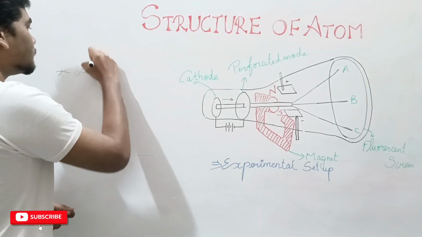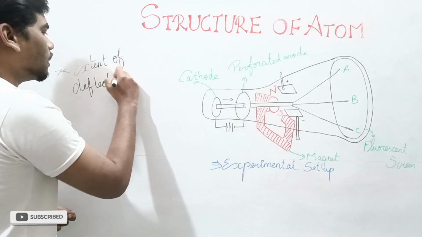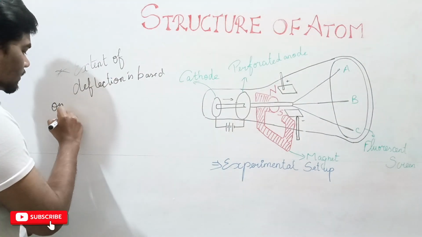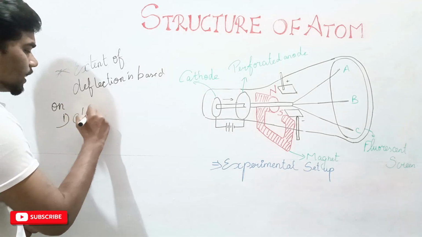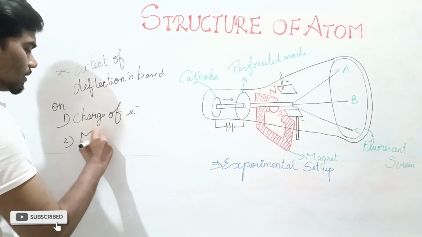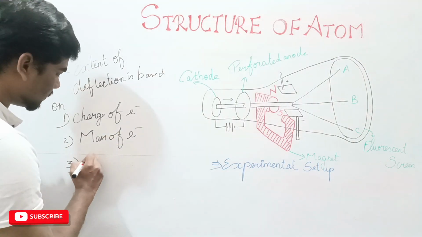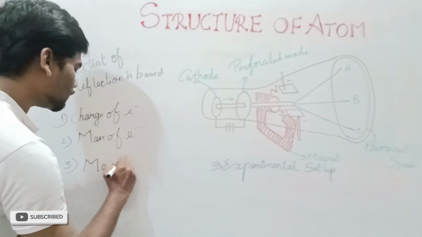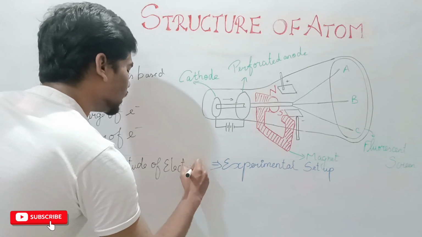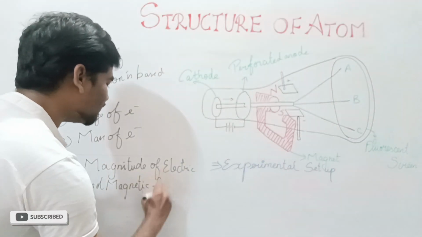The extent of deflection is based on the factors: the first factor, the charge of this electron, the second factor is mass of electron, and the third factor is the magnitude of electric and magnetic field.